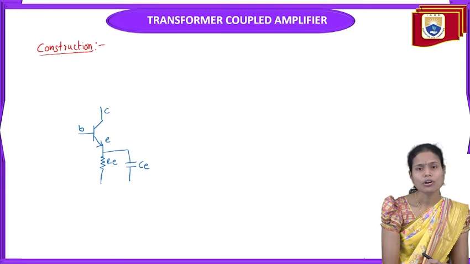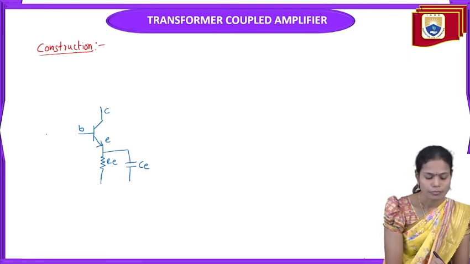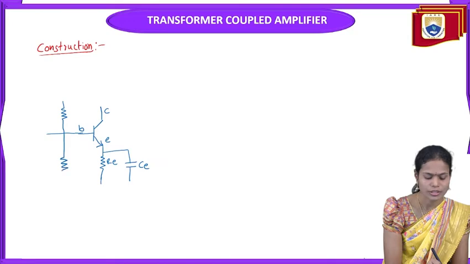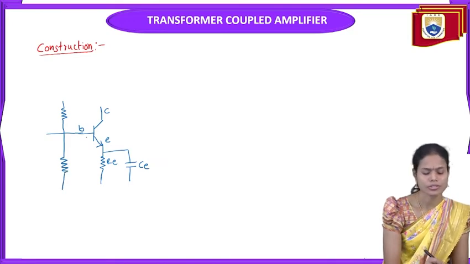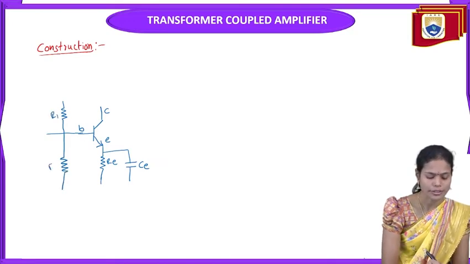In order to provide the biasing for this amplifier circuit, I am utilizing the voltage divider biasing. So for the base of the amplifier, I'm adding two resistors, those are R1 and R2.